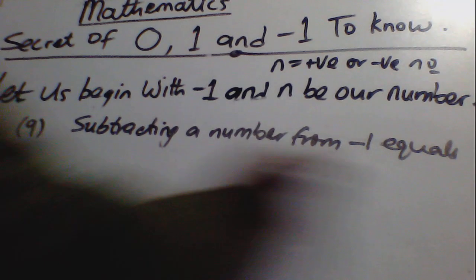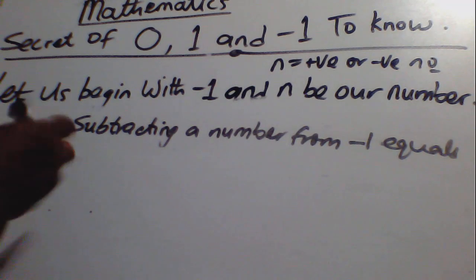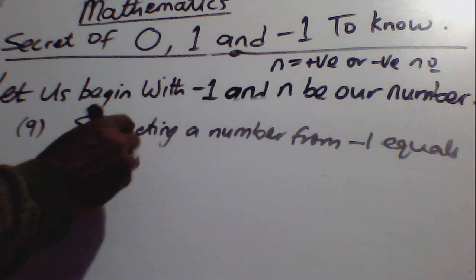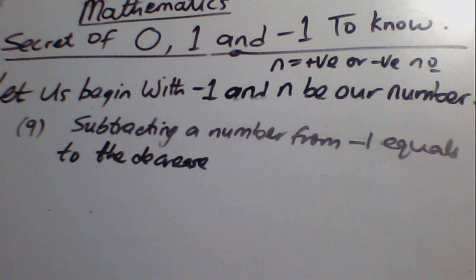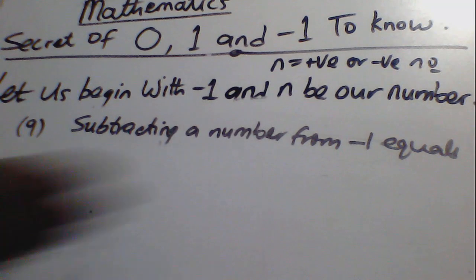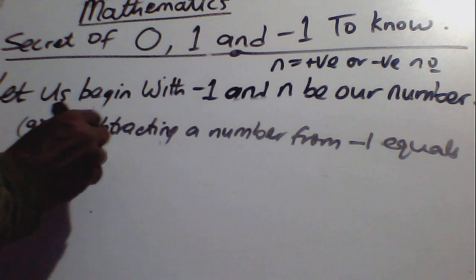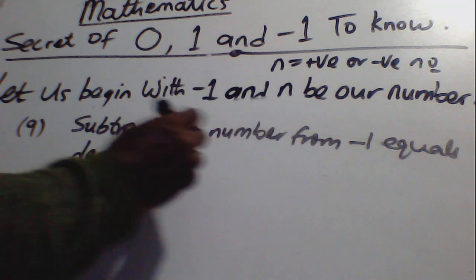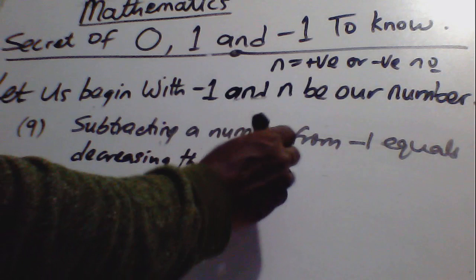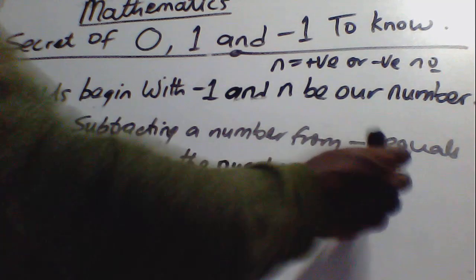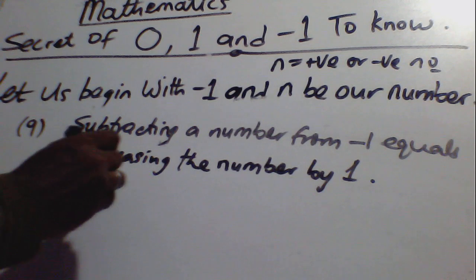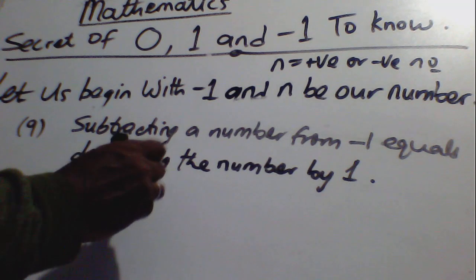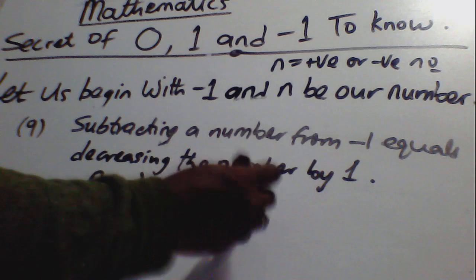Subtracting a number from -1 equals decreasing the number by 1. In this case, n is equal to a negative number. We have done for positive. This is for negative.